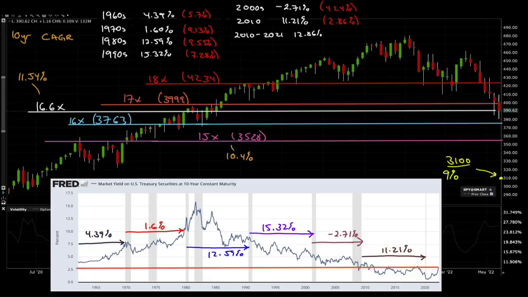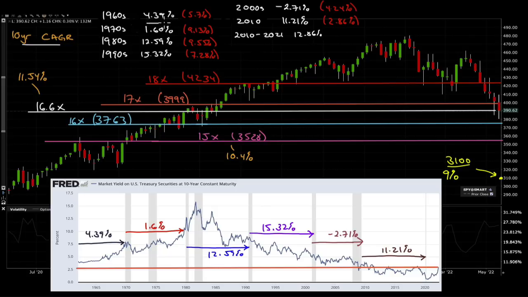So I thought, well, let's put that into context. Let's look at 10-year periods through history, and let's compare the compounded annual growth rate over those 10 years with the average yield on the 10-year Treasury. So I'm calculating 10-year compounded annual growth rates here.